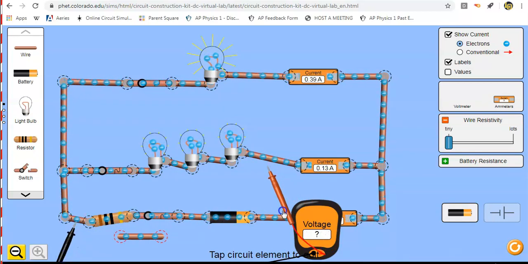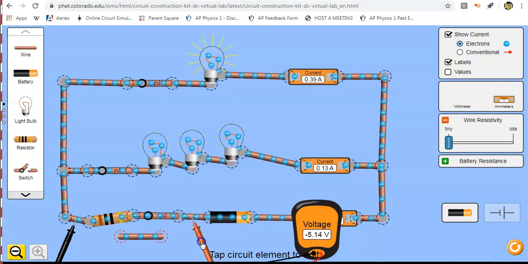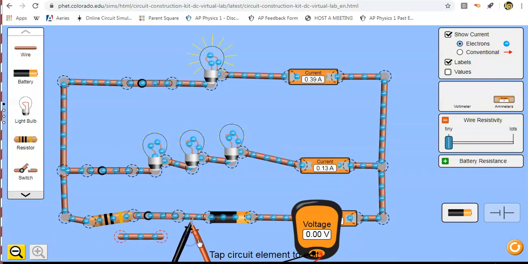In fact, we can figure it out. From here to here, 9 volts. That's the battery, 9 volts. But from here to here, there are... Actually, if you want positive numbers, I should start going the other way. There are 5.14 volts across this resistor here. Okay? So you put the black lead closer to the negative of the battery.